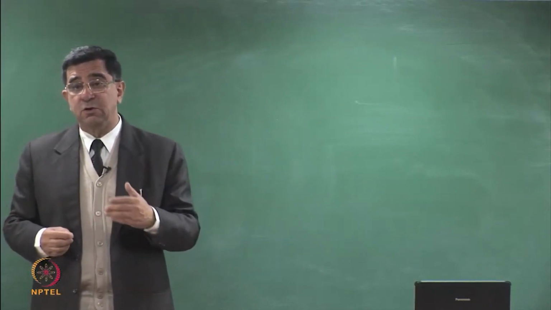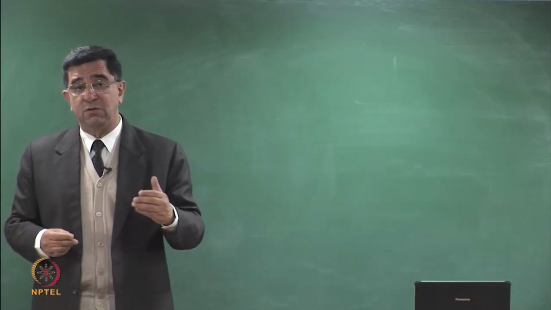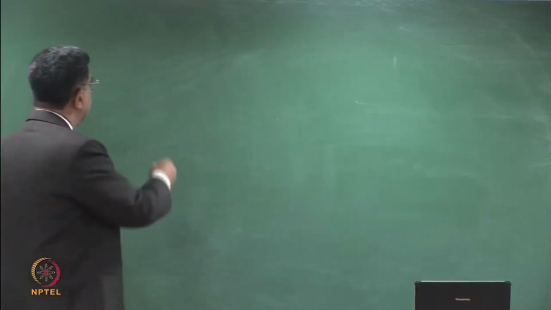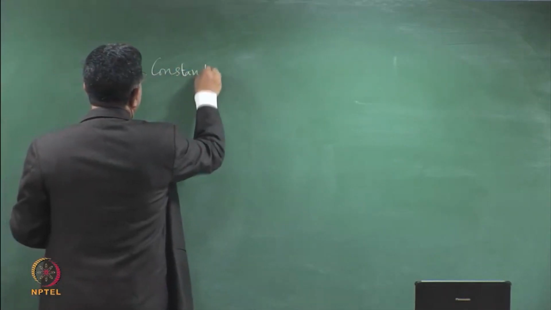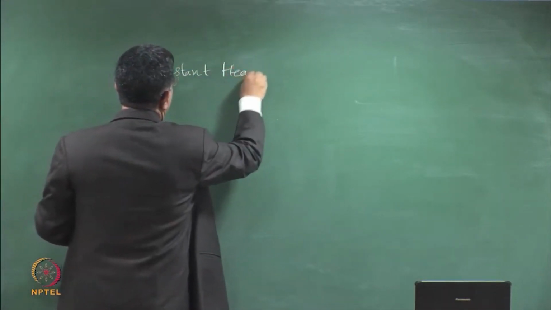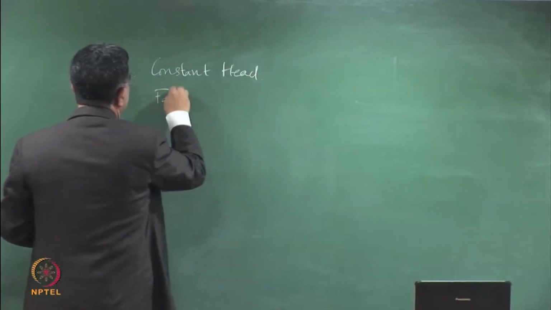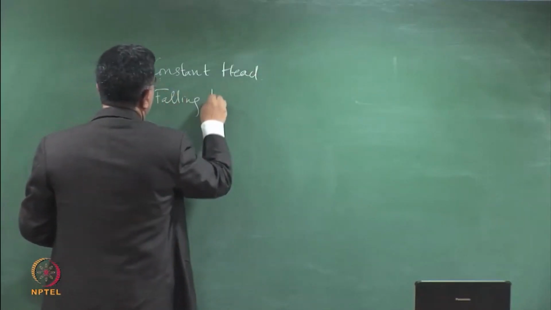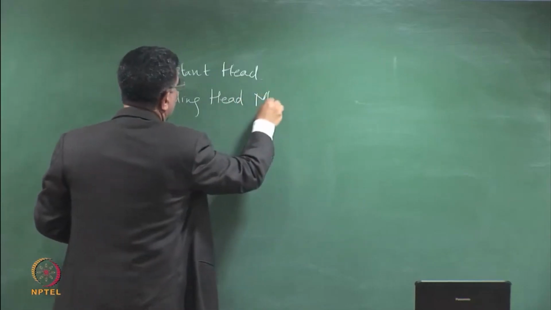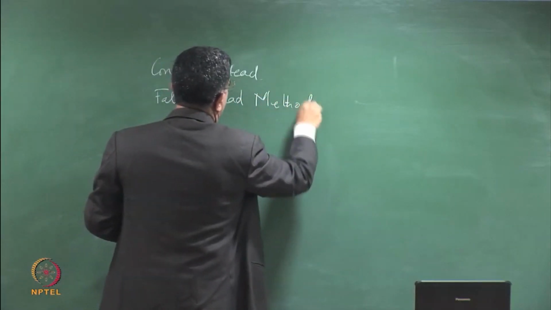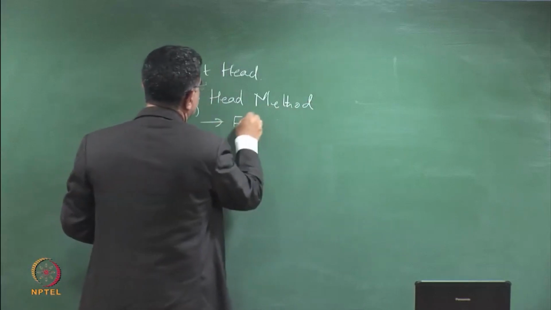So which method do you use in clays or in fine grained soils? So we use the falling head method. Constant head method is not used, but falling head is used. So this is used for fine-grained soils.